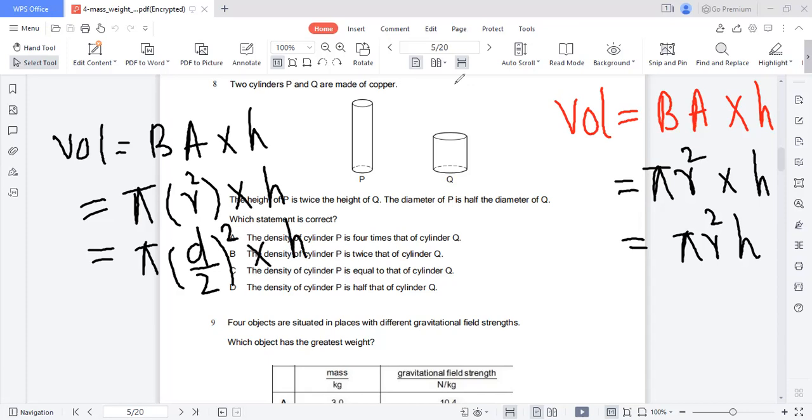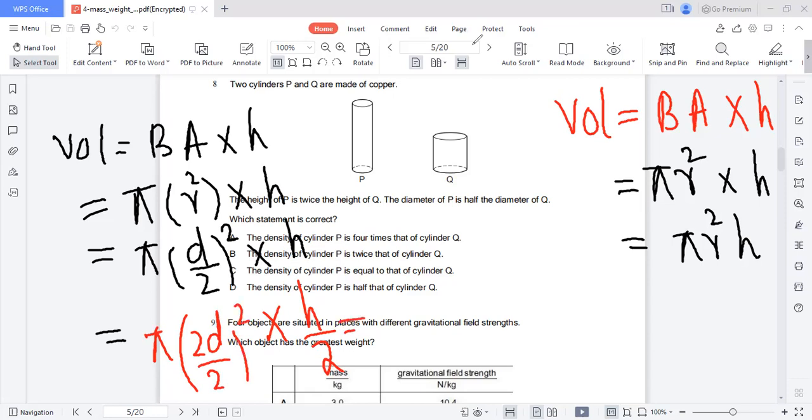Over into h, so radius, but it states that height is half, so I'm going to put it as a half for Q, but its diameter is twice, so I'm going to put 2d over 2 into square.